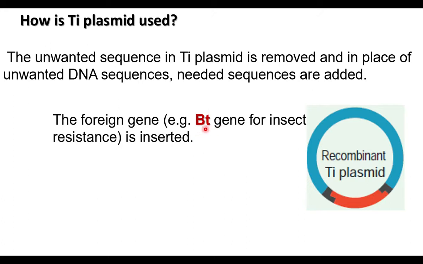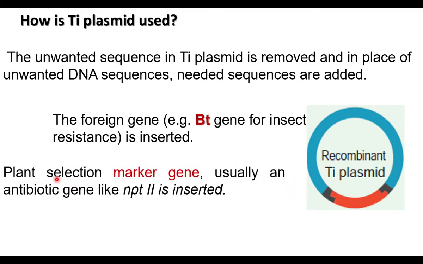The BT gene is isolated from a bacterium called Bacillus thuringiensis. The Bt gene produces a toxic protein that kills caterpillars of insects. In that way, the Bt gene provides insect resistance. This foreign gene or gene of interest is inserted.